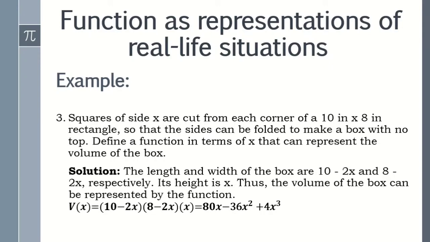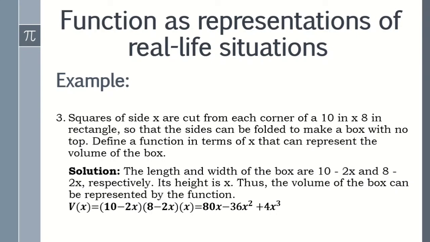So, paano natin nakuha yung sagot na ito? So, first we distributed the x through the parentheses, then we multiply using the FOIL method. 10x times 8 equals 80x. 10x times negative 2x equals negative 20x squared. Negative 2x squared times 8 equals negative 16x squared.